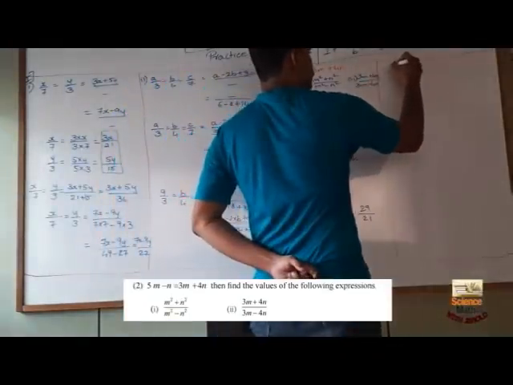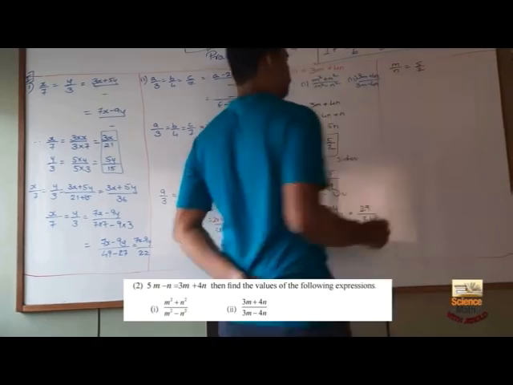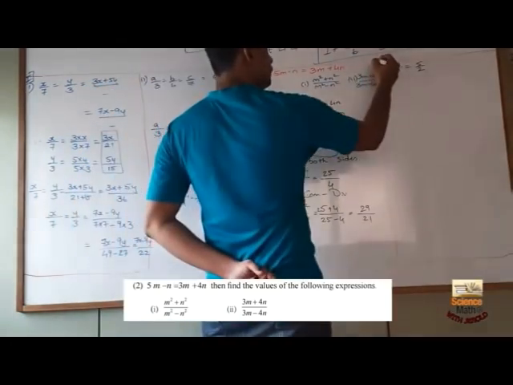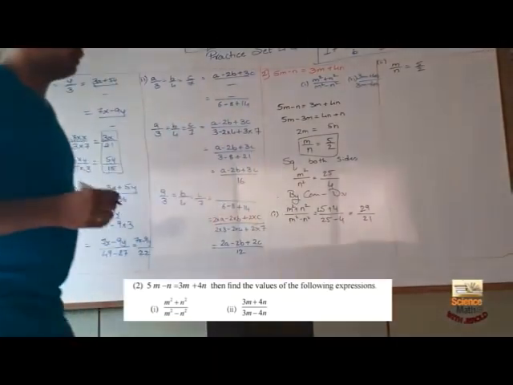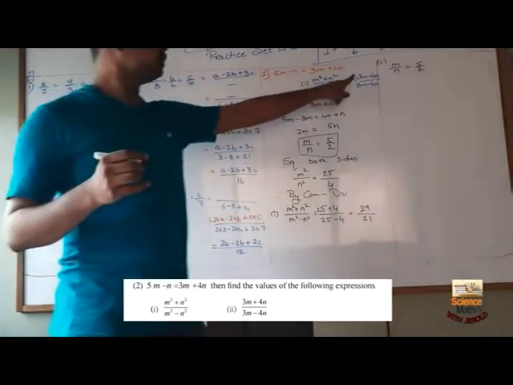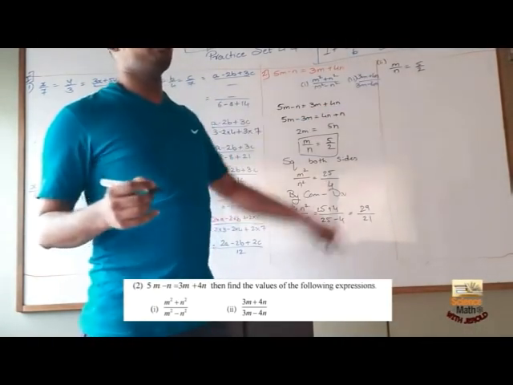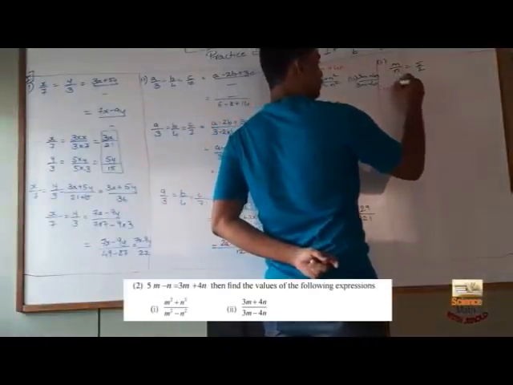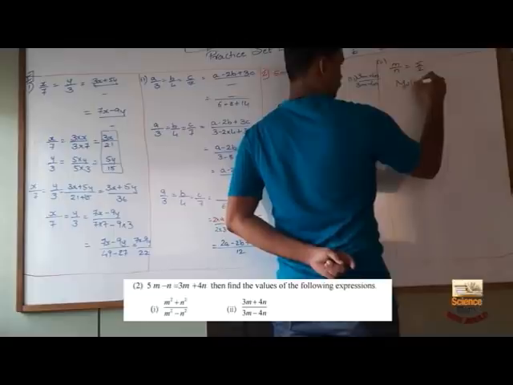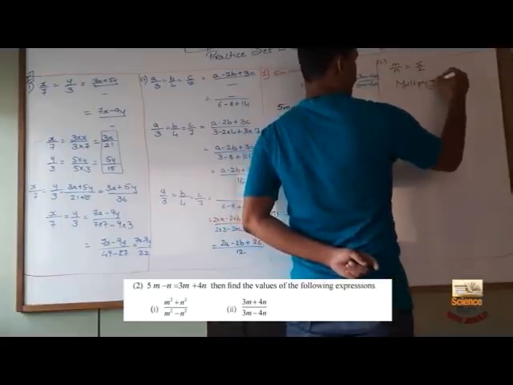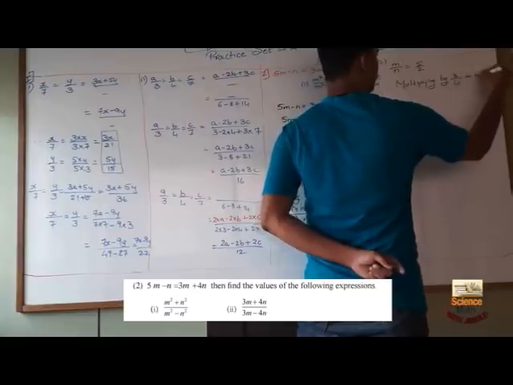I have the value of m/n is equal to 5/2 for the second part. This was the value from the first part. Now you can see m is associated with 3 and n is associated with 4. Therefore, multiplying by 3/4 on both sides.